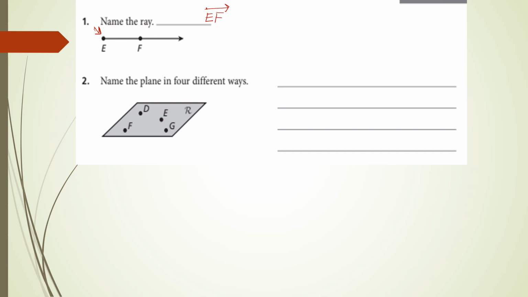Now name the plane in four different ways. We can write it as plane and write three points at least, okay, DEG maybe. We can write it as plane R, because R is the name of the whole plane.